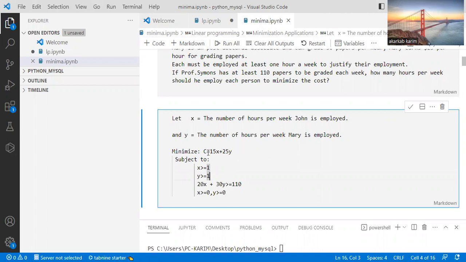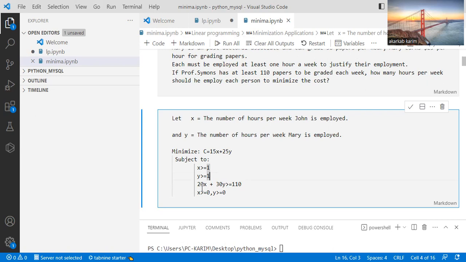We have the cost function C equal to 50x plus 25y, and we have some constraints. The first one is x greater or equal to 1, because each must be employed at least 1 hour. For y also, it should be greater or equal to 1.